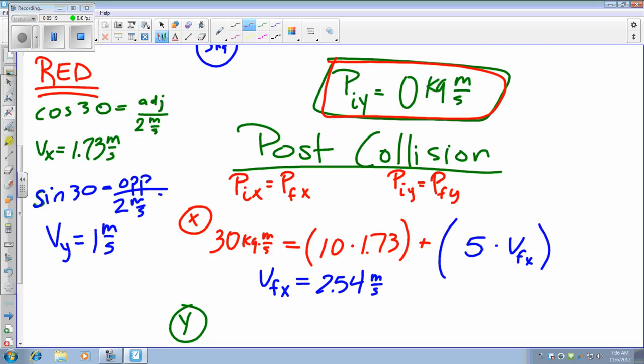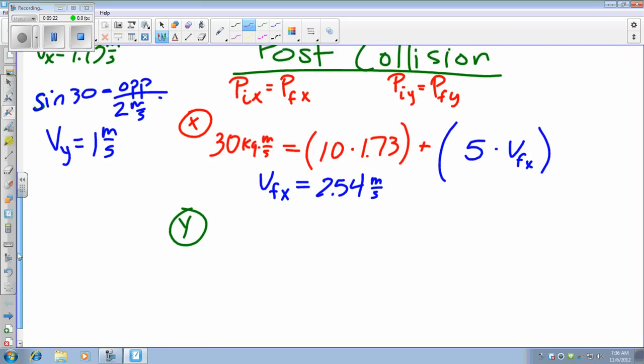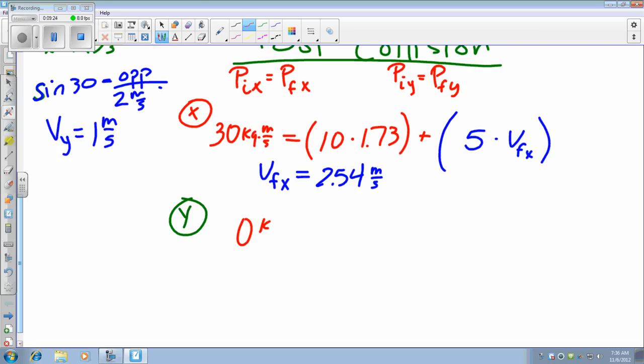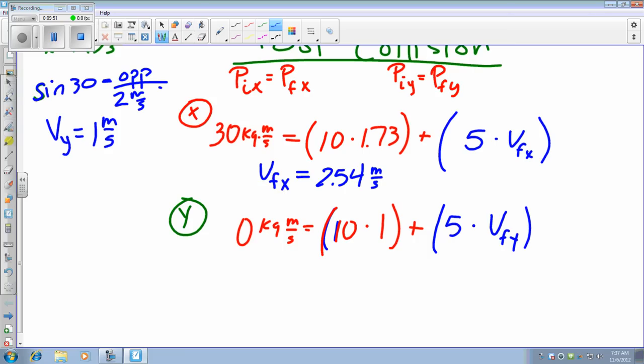So that means that the final momentum in the y also has to be 0 kilogram meters per second. 0 is going to be equal to, now focused on our y components, for our 10 kilogram ball, I want to write this in red so I can stay consistent, traveling at 1 meter per second, plus our 5 kilogram ball, which is traveling at an unknown final velocity in the y.